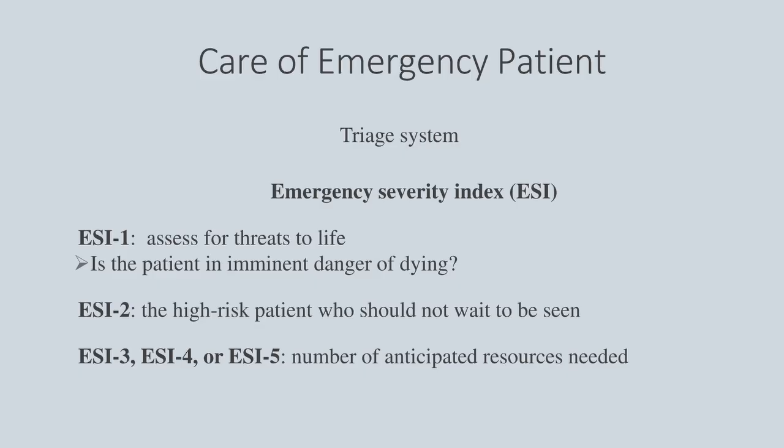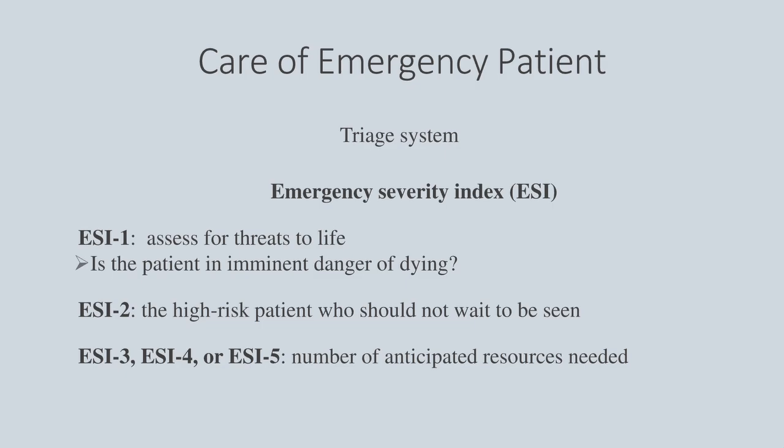Have they presented unconscious, not breathing, no pulse, and in need of CPR? They're likely to use all of our resources immediately. That would be an ESI level 1. And I'm going to break down for you all the algorithms associated with each of these.